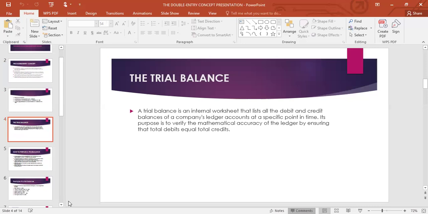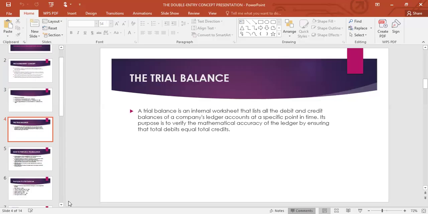A trial balance is an internal worksheet that lists all the debit and credit balances of a company's ledger accounts at a specific point in time. Its purpose is to verify the mathematical accuracy of the ledger by ensuring that the total debits equal total credits. Yes, that is the work of the trial balance.